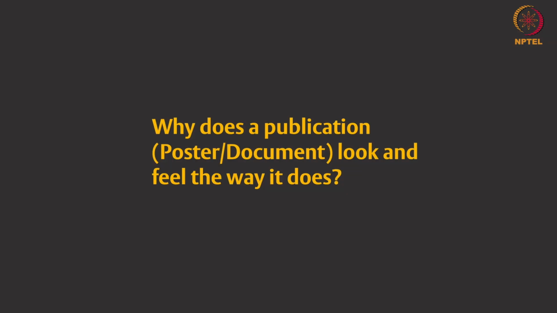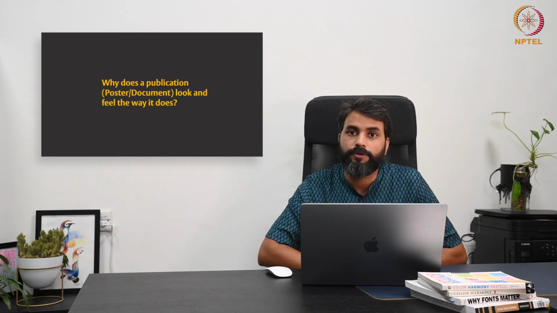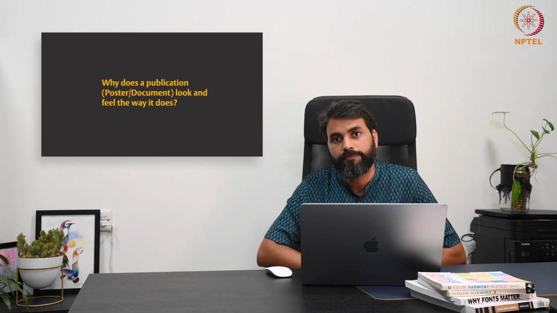So let us understand this through an example. Tell me, why does a publication look and feel the way it does? For example, a fashion magazine's layout, color, font, and image choice would be very different from a stock market magazine. Do you agree?